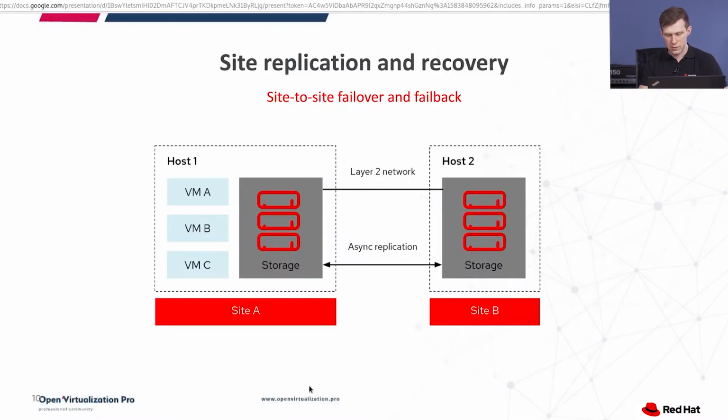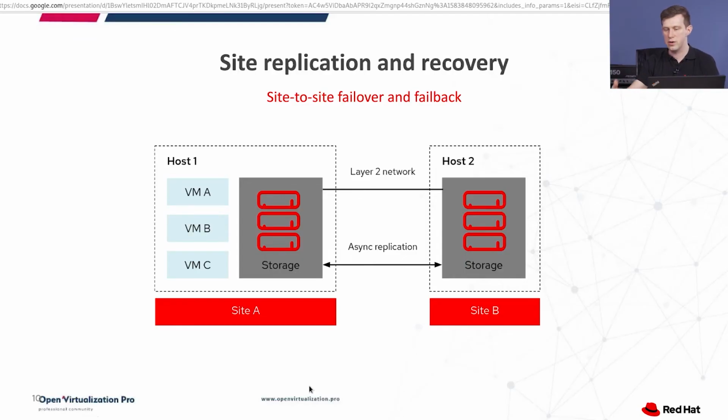Good. Then the next feature for Gluster basically is also replication, or geo-replication as we name it in Gluster. So having this feature, you can also geo-replicate, or replicate asynchronously of course, your data between your site A, where you've got your Red Hat Hyperconverged, and site B, where you have your storage, like a backup storage.